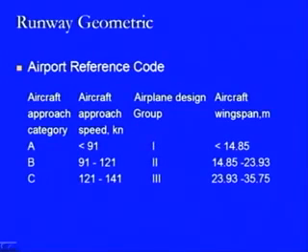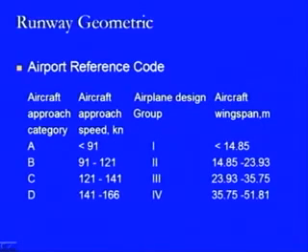For C category of aircraft, the approach speed ranges between 121 and 141 for design group 3, and the wingspan will be between 23.93 and 35.75 meters. Then for D category, it is 141 to 166 with the fourth design group, and the wingspan varies between 35.75 and 51.81 meters.